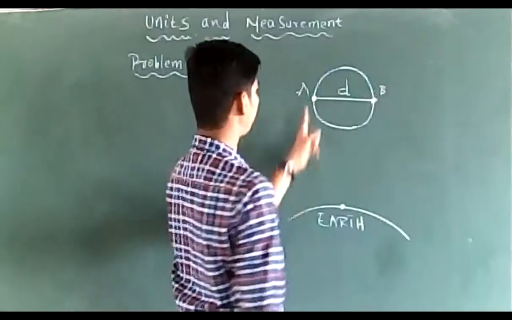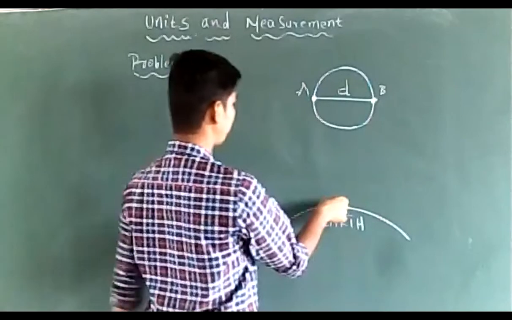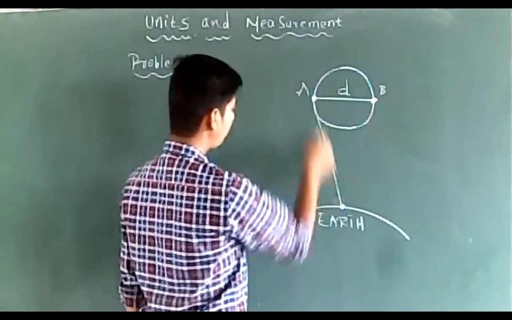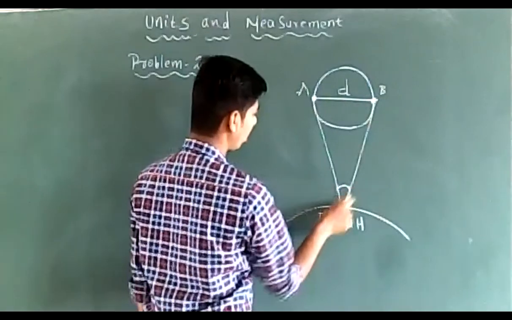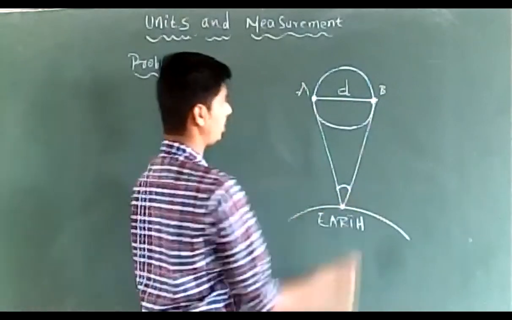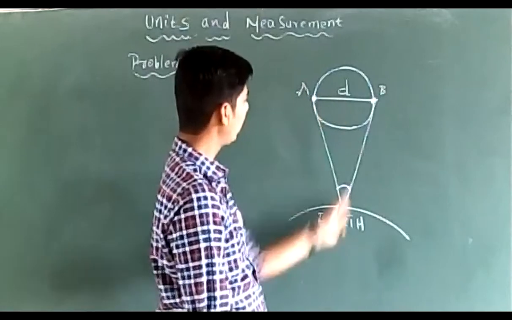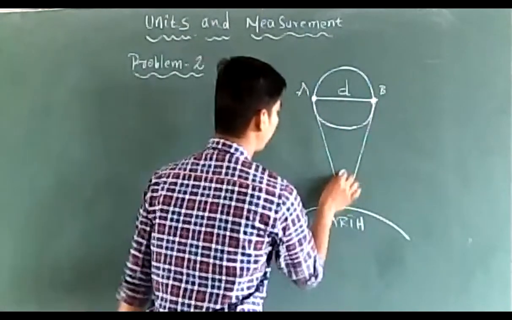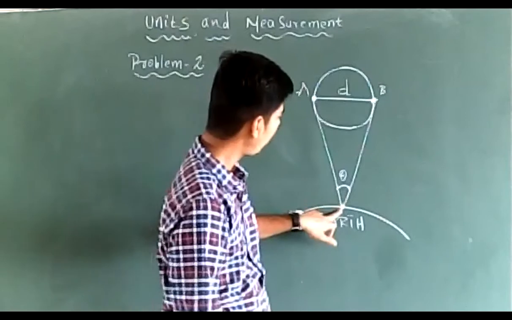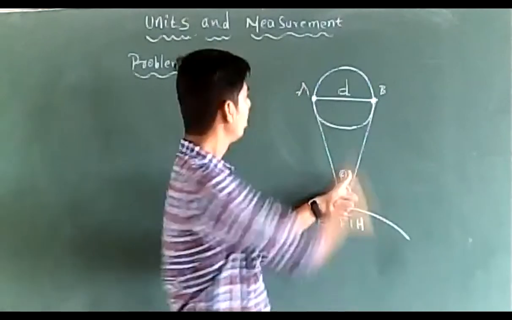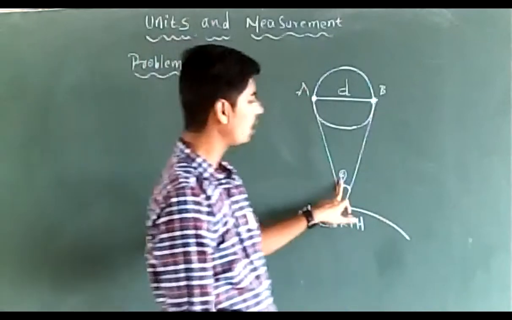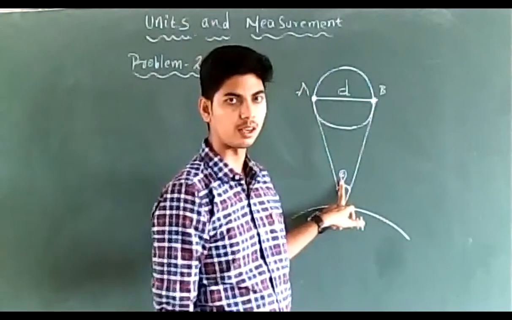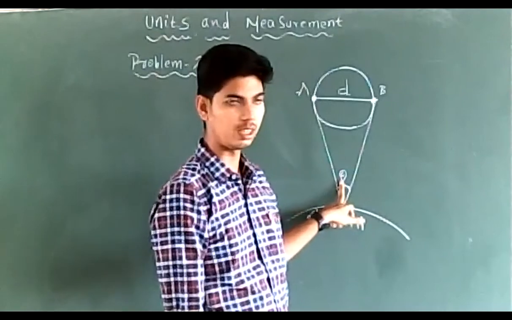We observe points A and B from the surface of the earth. The points A and B subtend some angle theta at the point of observation. We call this angle theta the parallax angle.